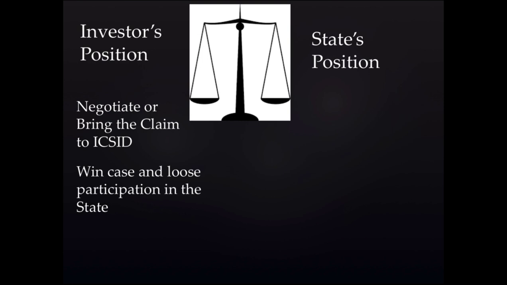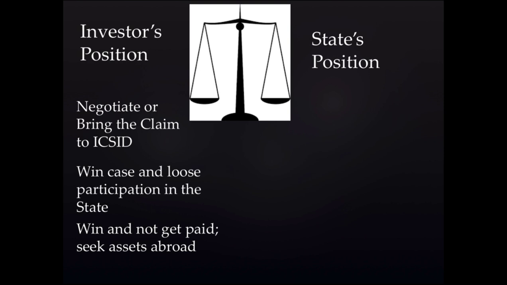If they win and they do not get paid, you can try to seek the assets abroad and enforce the agreement in a different jurisdiction. So let's say you win a case against Venezuela for the renegotiation of the oil and gas contracts, and Venezuela is unwilling to pay, you can bring that award to a different jurisdiction where Venezuela has assets and try to enforce the award there.